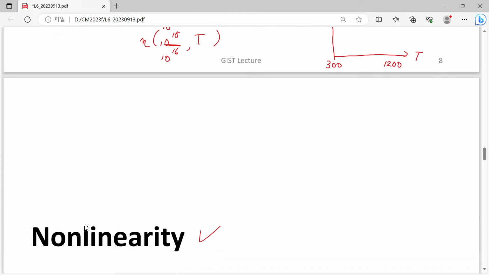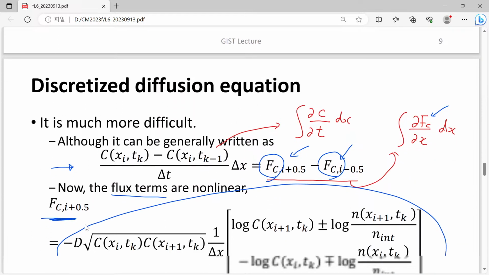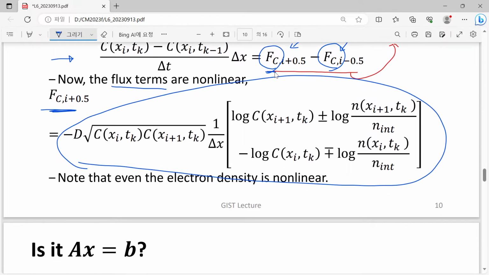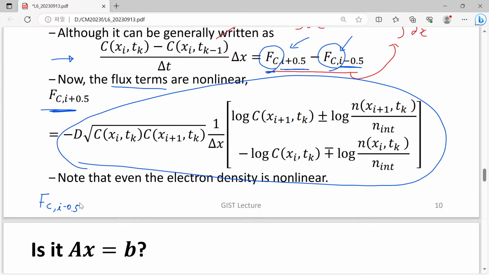So now you can evaluate this equation. Here you have F_C evaluated between xi and xi plus 1, and you need another flux evaluated between xi and xi minus 1. Then you can also easily write down xi minus half, corresponding to the midpoint between xi minus 1 and xi.